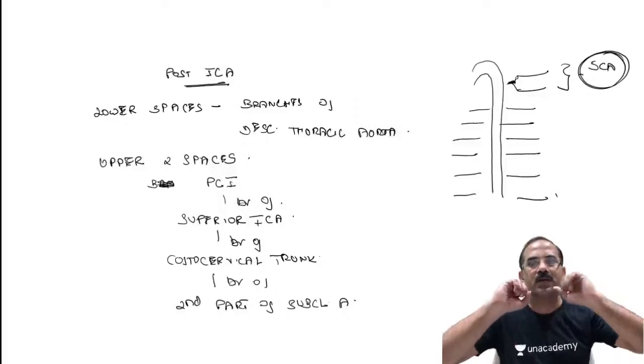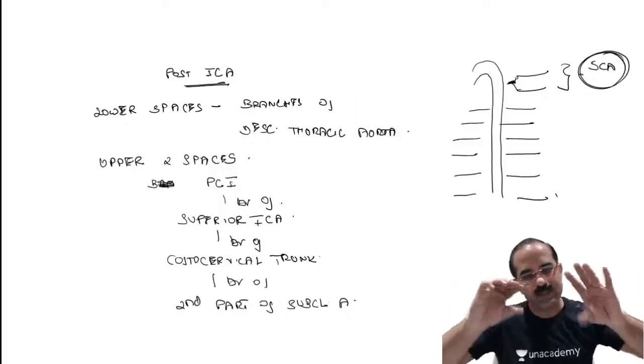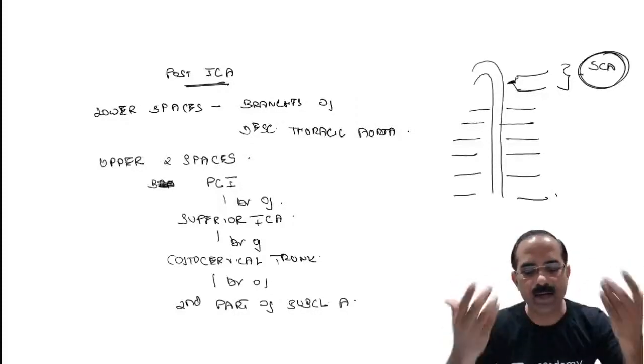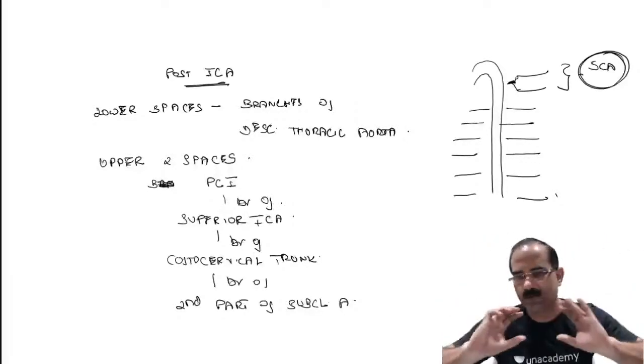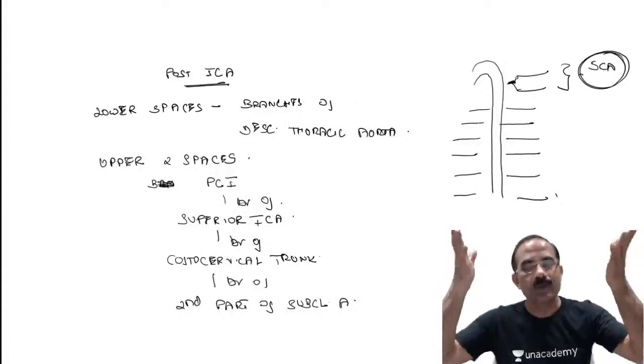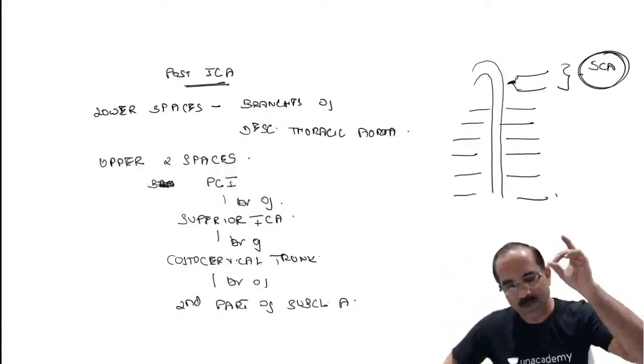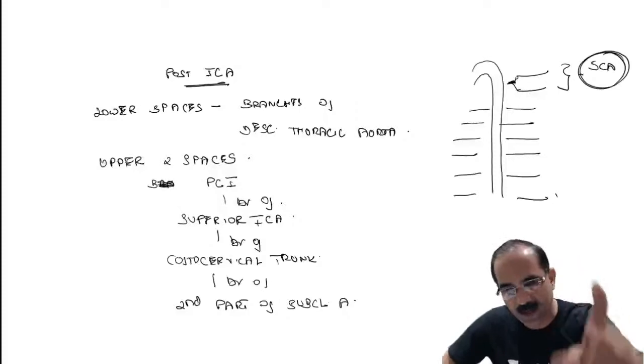Perfect. Right. So there will be arteries, intercostal spaces आगे होंगे. These are the anterior intercostal spaces, and intercostal spaces behind are posterior intercostal spaces. Fine. So the posterior intercostal spaces में होंगे posterior intercostal arteries.